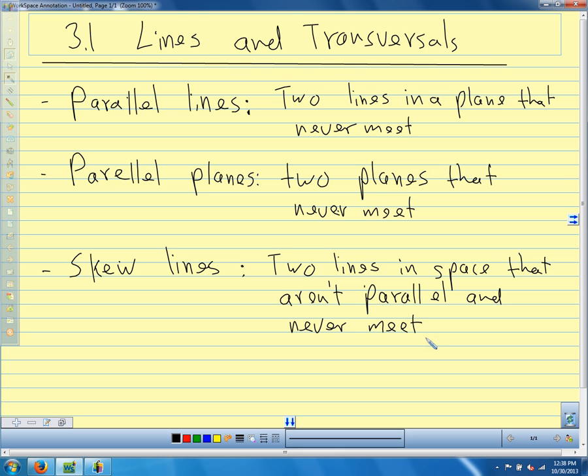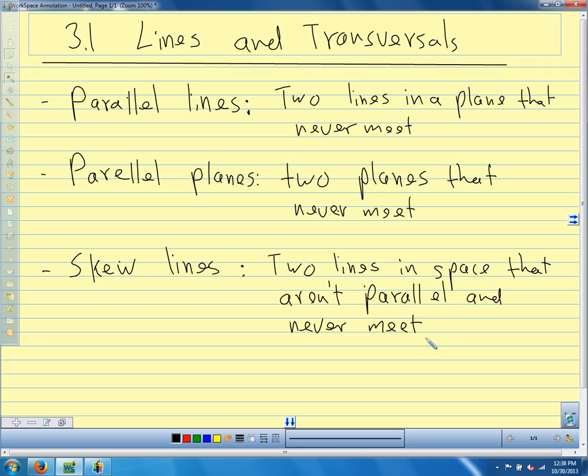Can anybody think of an everyday example of two things not going the same direction, but never meeting? That's perfect. Something that's on top of the other one. The example I usually use is the main hallway downstairs and the C-wing hallway upstairs.